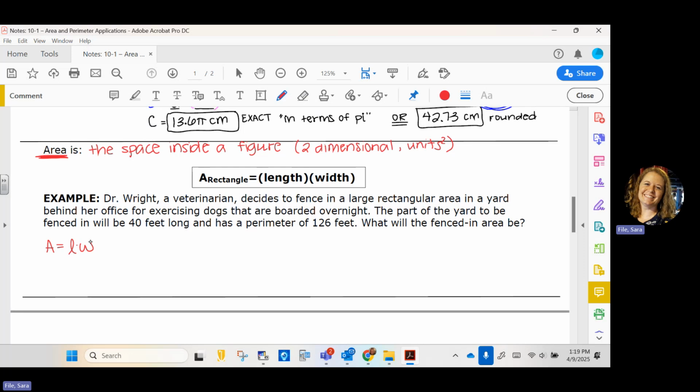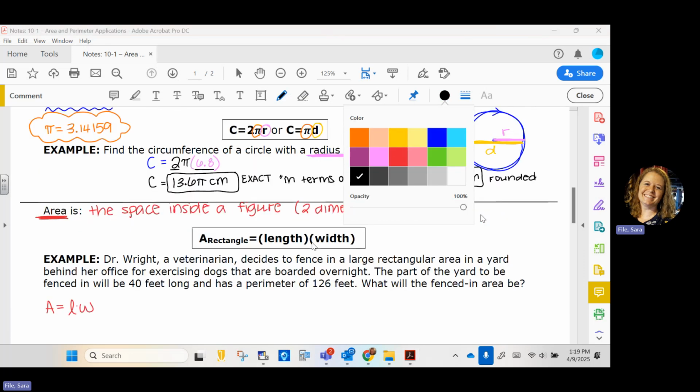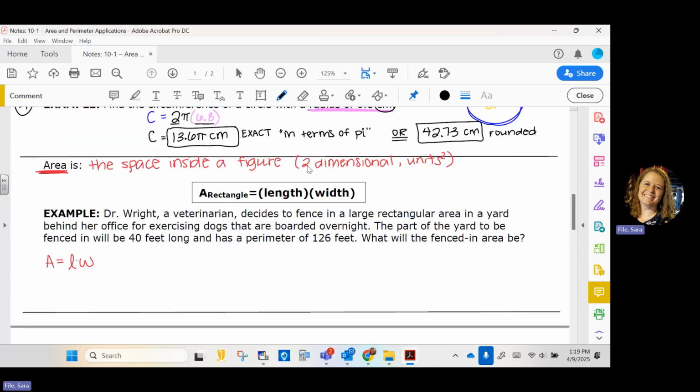In this problem, I don't think I numbered that last one, it was 4. So this is example 5. Dr. Wright, a veterinarian, decides to fence in a large rectangular area in a yard behind her office for exercising dogs that are boarded overnight.